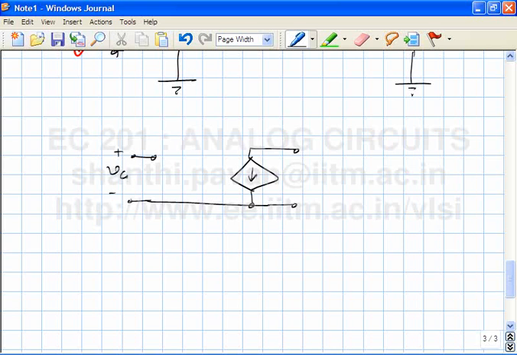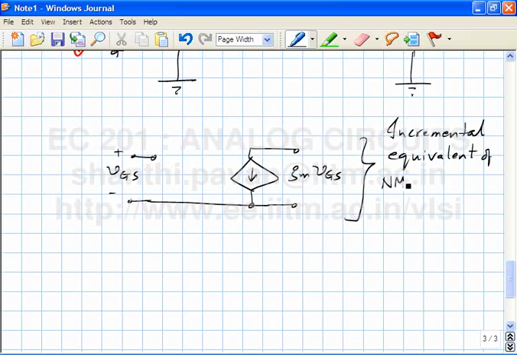So whether it is NMOS or PMOS, this is the incremental equivalent of the transistor when it is operating in saturation.